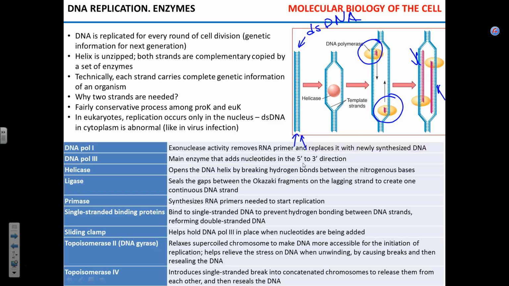We're going to talk about replication in prokaryotes. Eukaryotic replication is a little more complicated, but conceptually, again, they are the same. I have a reason why I talk mostly about bacteria. I don't remember if I mentioned it to you, I don't want to lose the forest behind the trees.